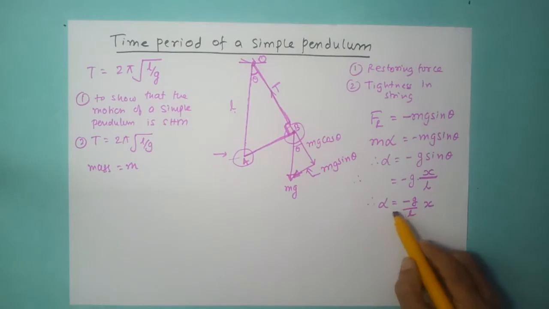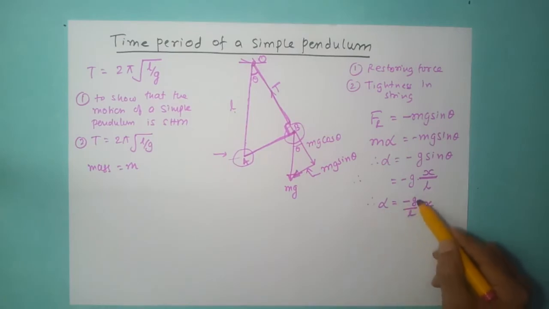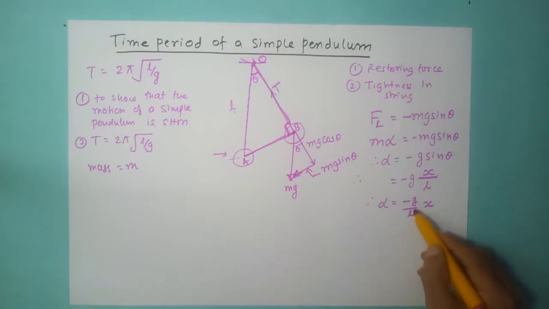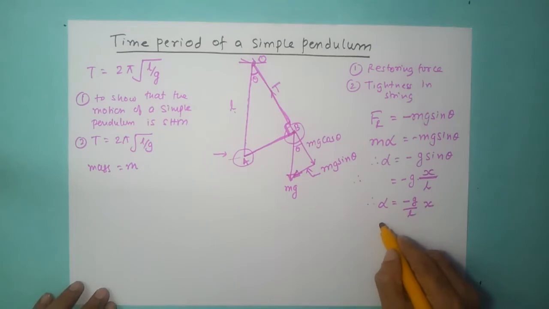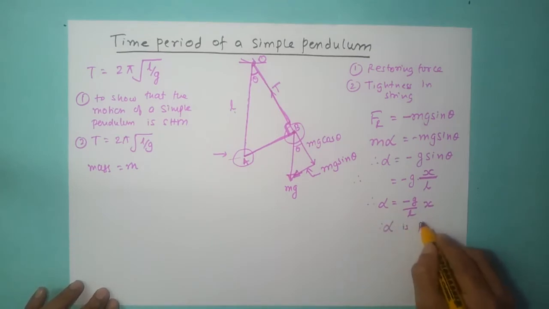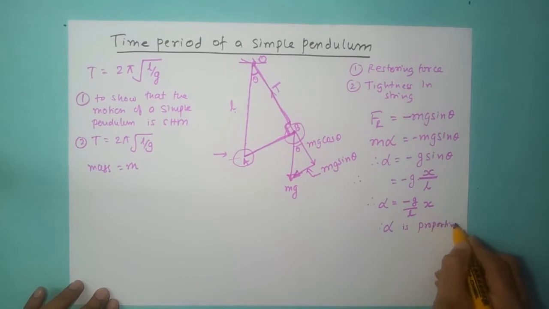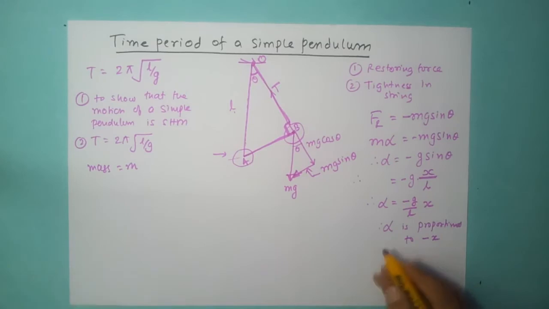Now, in this equation, G and L are constants because acceleration due to gravity would remain constant at a given location. The length of this pendulum is constant. So this is constant, and therefore I can write down alpha is proportional to minus x. And what do I conclude?